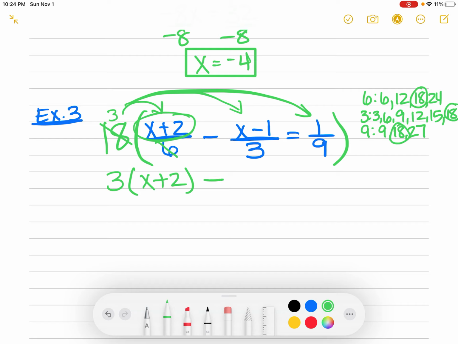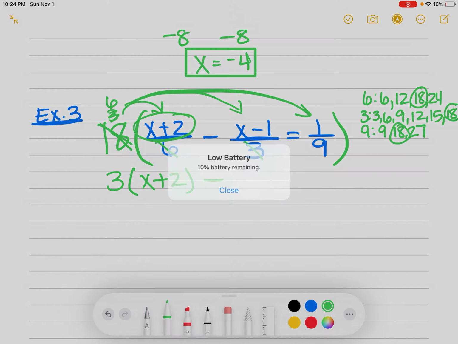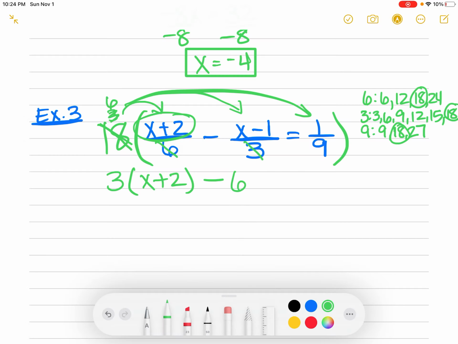So I'm going to do 18 times x minus 1 over 3. So the 3 would cancel with the 18 to make 6, right? So now I have 6 times x minus 1. And then my last one, 1/9 times 18. The 9 and the 18 are going to reduce to 2. And I have 2 times 1 is 2.